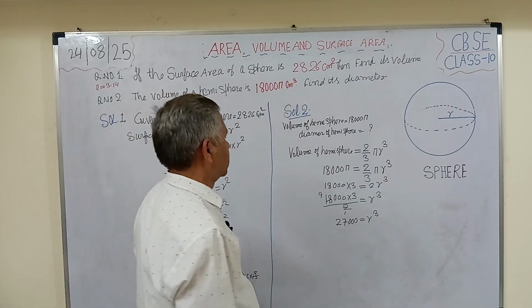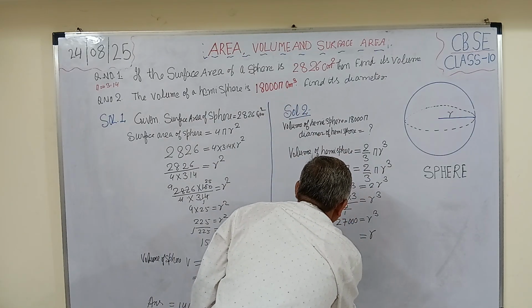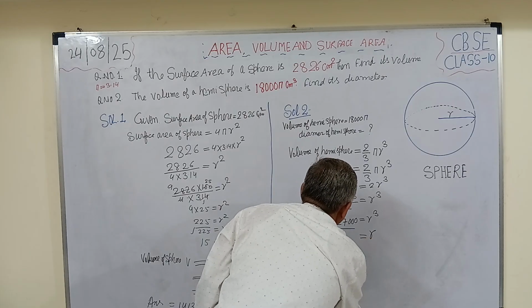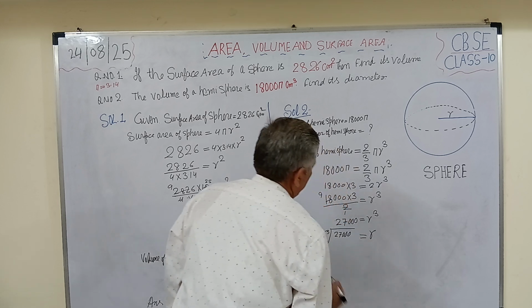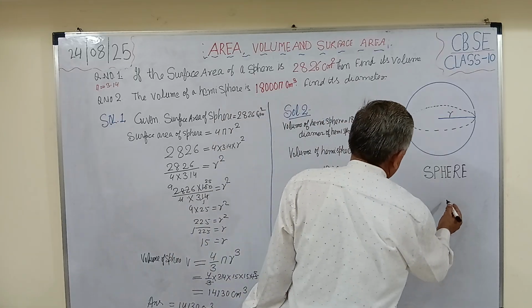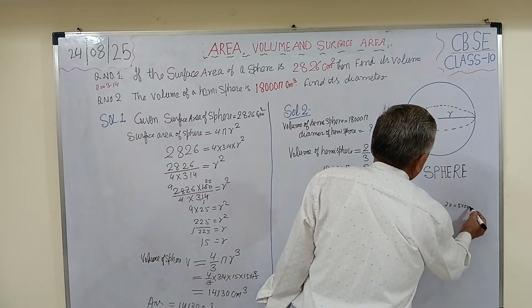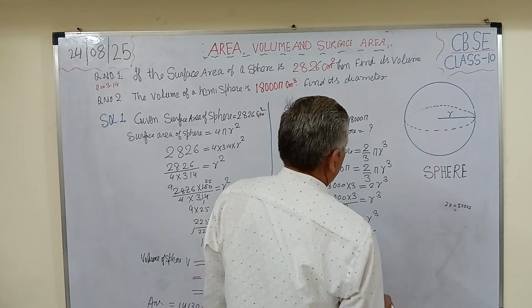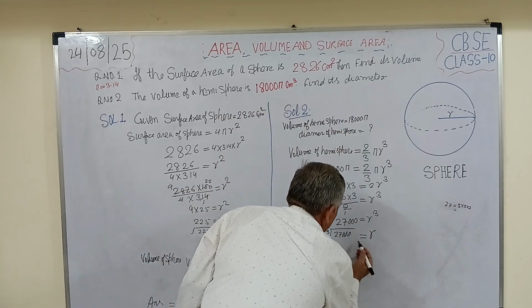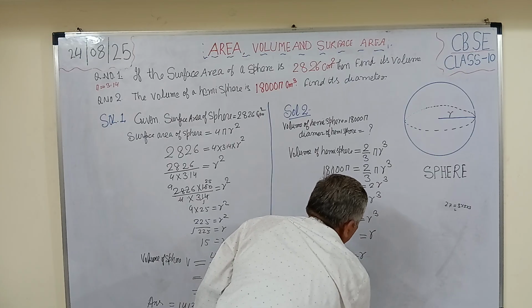That means the cube root of this will give the radius. The cube root of 27,000: the cube root of 27 is 3, since 3 into 3 into 3 is 27, and the cube root of 1000 is 10. So r equals 30.